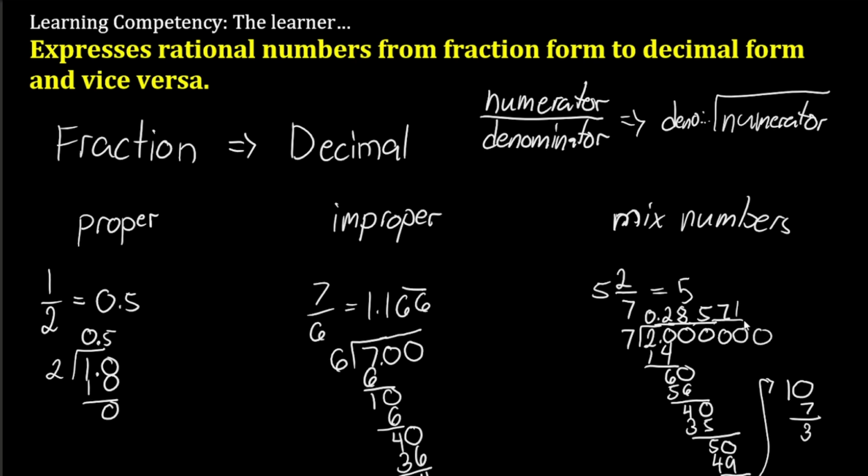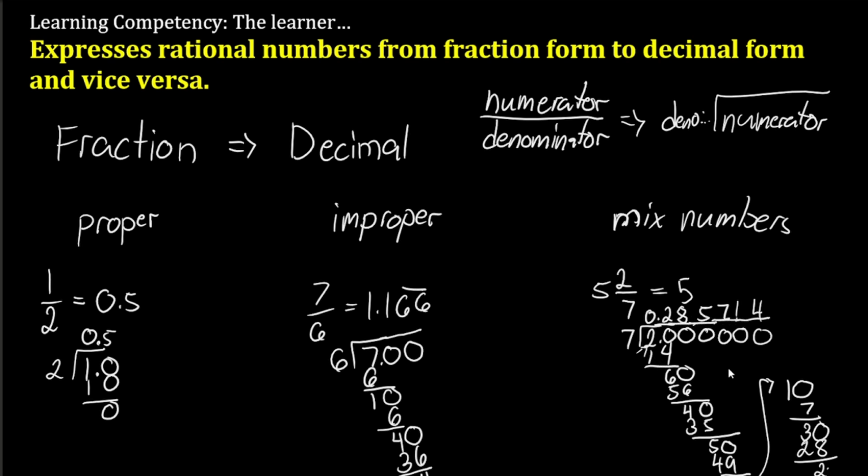Let's add one more 0. And this is going to be 30. And how many 7s are there in 30? It's going to be 4. 4 times 7 is 28. And we're back to 2, which is the starting point here.